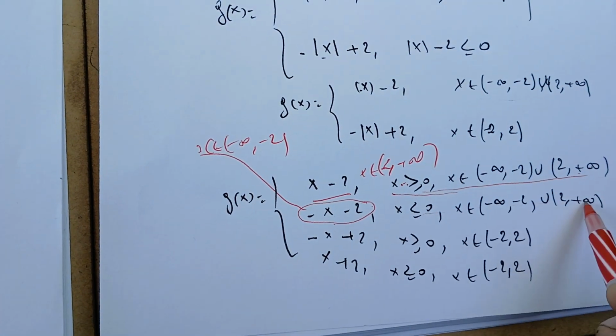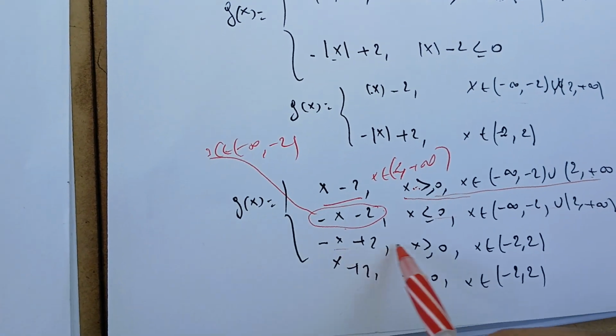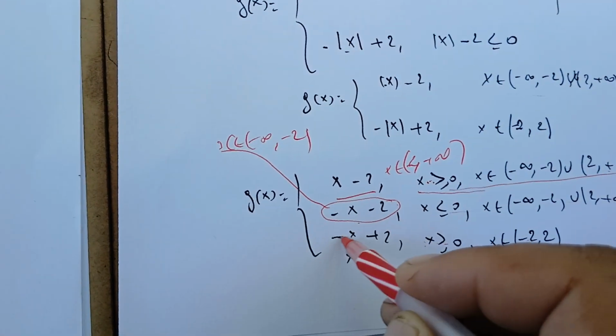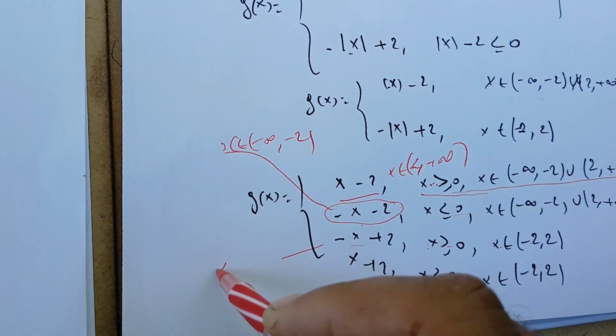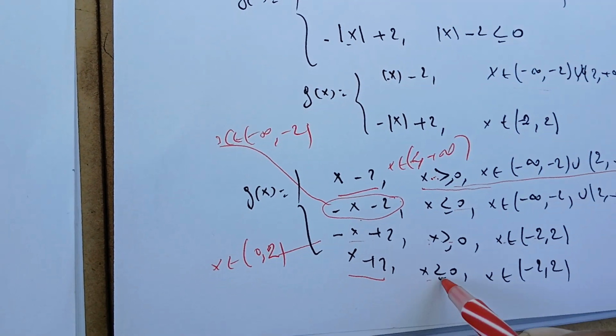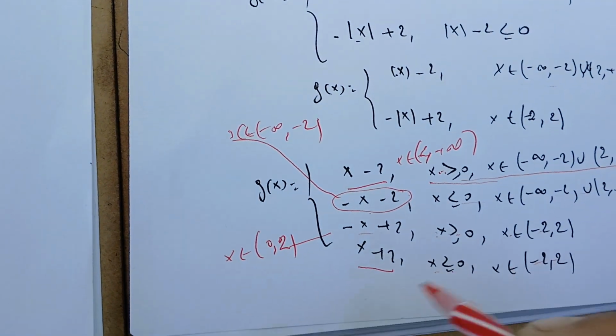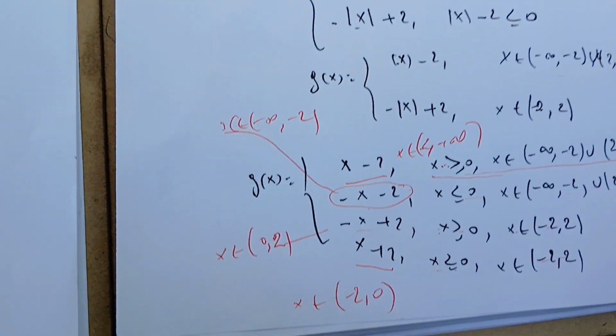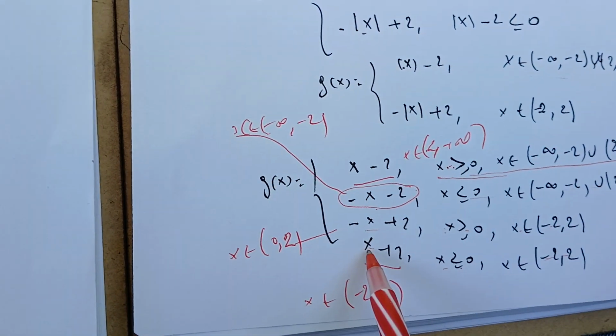We can intersect these two intervals. And in here, x is positive and x is in minus 2, 2. That means in this case x is in 0, 2. In this case x is negative and x is in minus 2, 2. That means x is in minus 2, 0. So we have three cases.